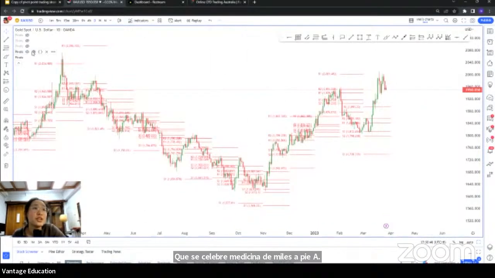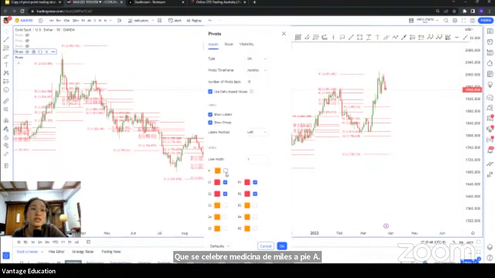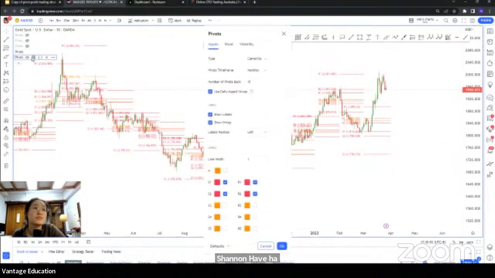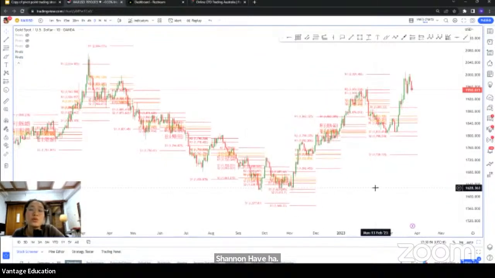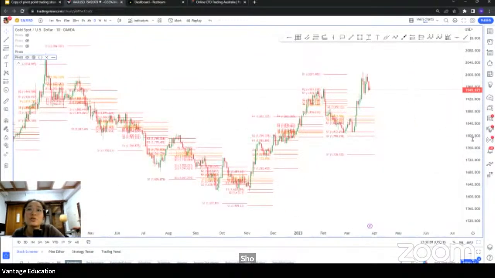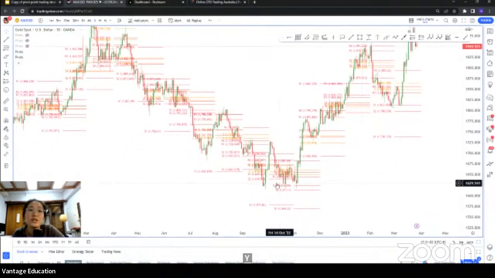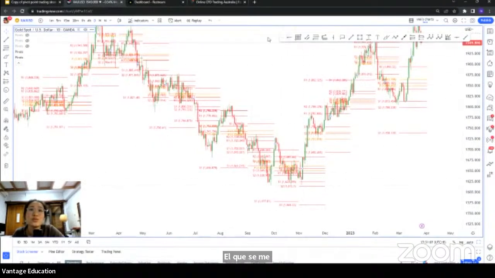So now I have two pivot points that we can look at. So confluence would be when you see multiple levels that line up at the same point. And you can see somewhere like over here, where there is a lot of confluence, that's where price tends to reverse off of.